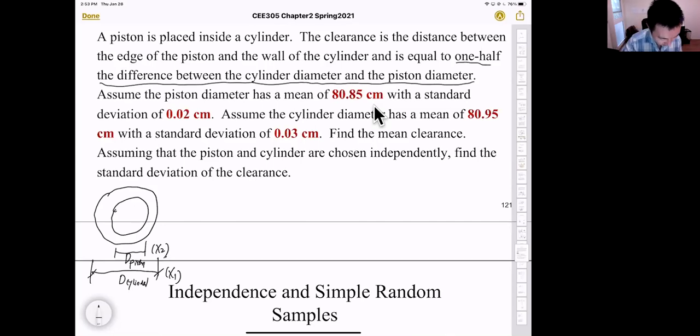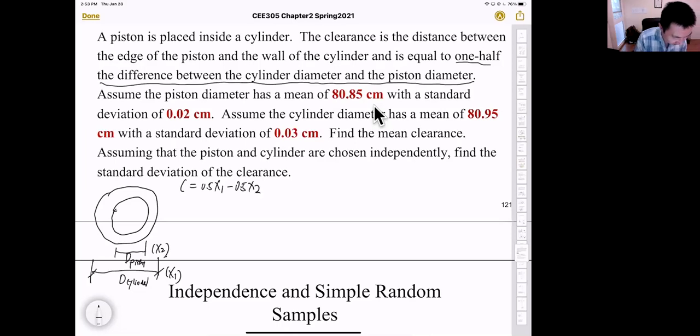So let's see, C is for clearance. C is equal to 1/2 of X1 minus 1/2 of X2. That is the clearance, C.